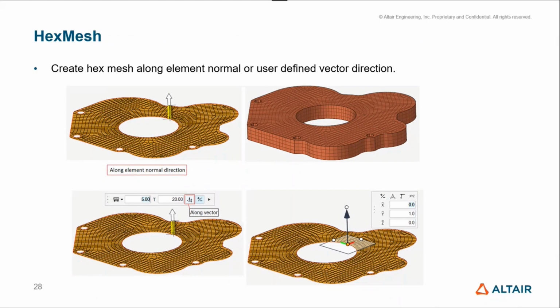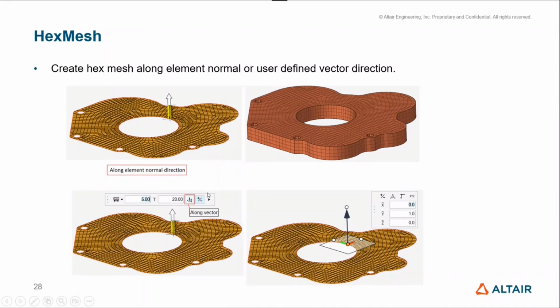By default, in the hex tool, as soon as the user selects valid elements, we post the micro dialog and normal handle, wherein if the user wants to create hex mesh by dragging within the normal or along the normal, and also if the user wants to switch the direction to a custom vector direction, you could do that using the vector option we have provided.